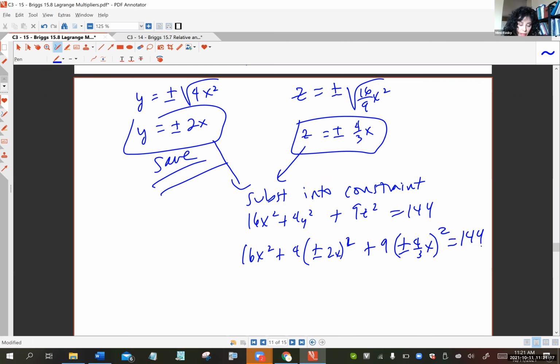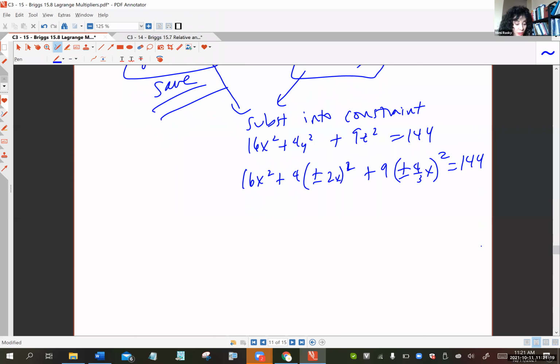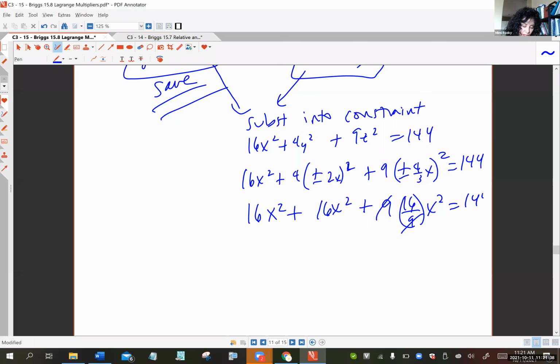Anytime you square positive or negative, it gives you the same. So that's kind of nice. So you're going to get 16x squared plus, and then you're going to get 16x squared for the second term. And then here you're going to get 9 times 16/9 x squared, but then the 9's cancel. Aha. So you get another 16x squared term.